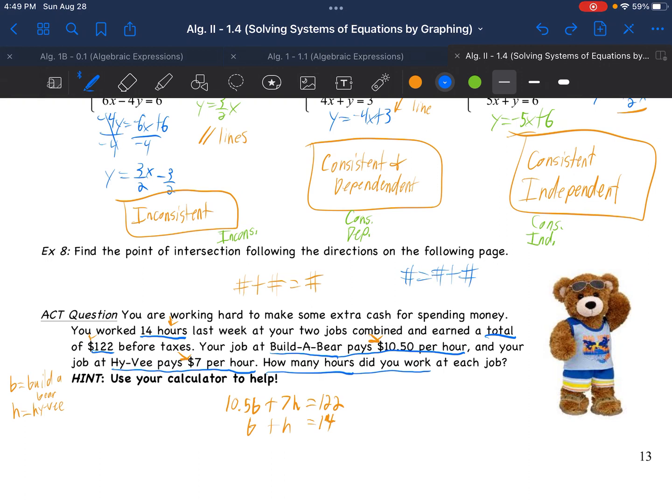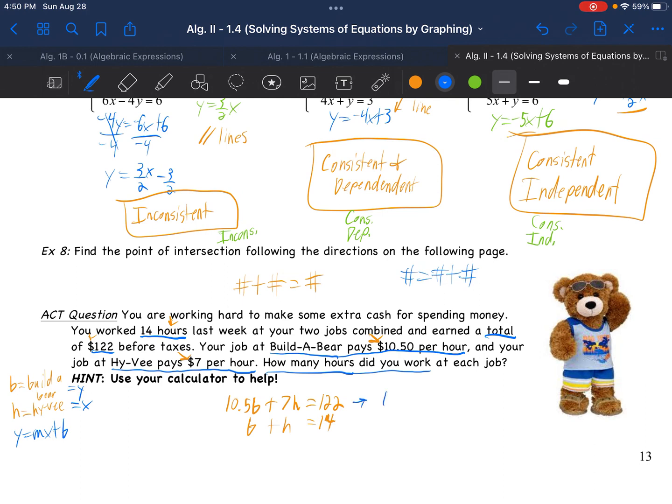Now we have our system of equations. But in order to graph these, we'll want them in that y equals mx plus b format I was referring to earlier. So we have to get there. Let's start by switching x to Hy-Vee and y to Build-A-Bear.